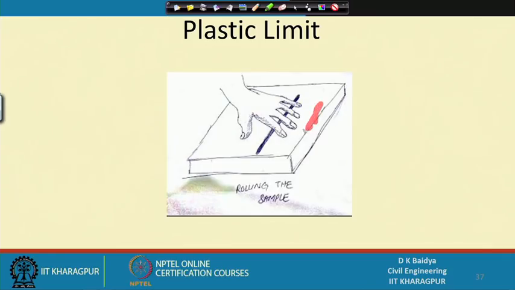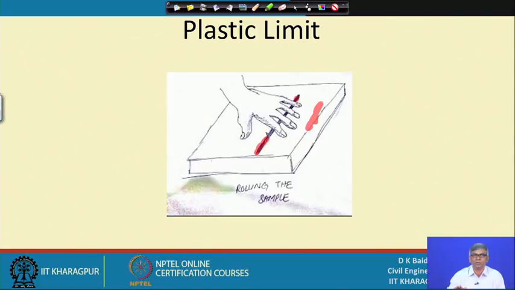This is the glass plate, and this is the soil; below your fingers, very lightly you have to roll it. When it becomes too long and you see you are still able to roll, that means the moisture present is much higher than the plastic limit. So, you have to remold it and roll it again, continuously.